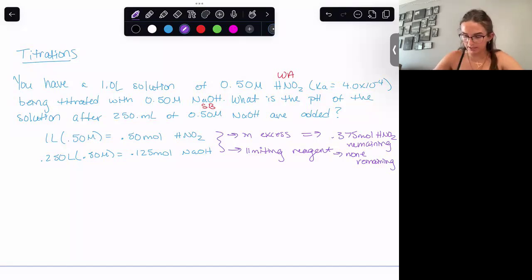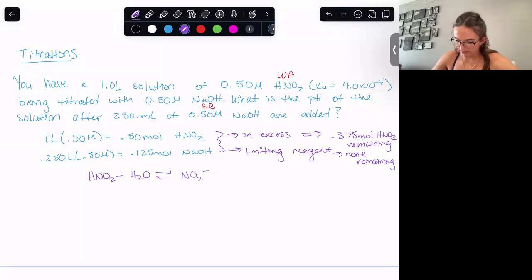Okay, so then this turns into an ICF table because we'll have HNO2 and water forming, what is our conjugate base of HNO2? Perfect.